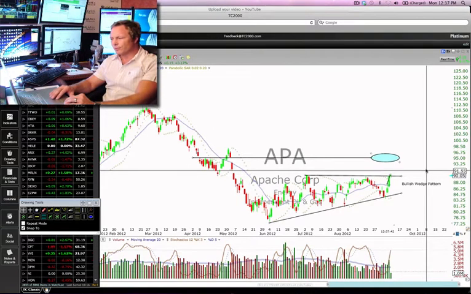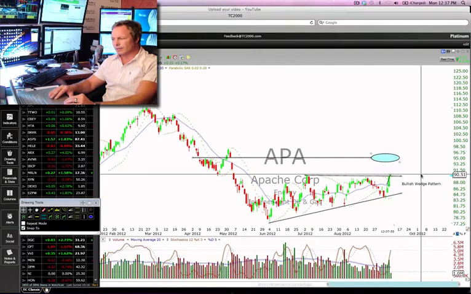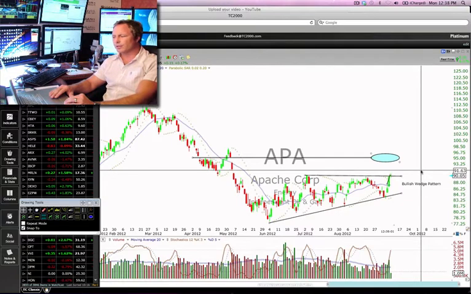Now I'm looking for a $4 to $5 move out of this stock up to the gap fill. What you don't want to do is get greedy and try to hold your position all the way to that target area. What I like to do is start with a larger position, selling portions of my positions on the way up into those inflection points. This one happens to be right around $91.63, locking in a $1.63 profit, selling a third.